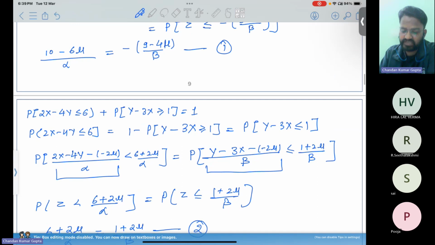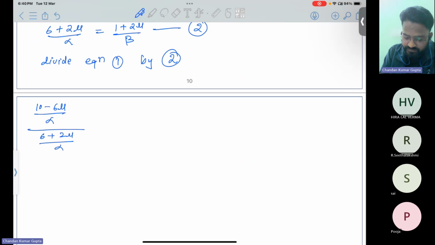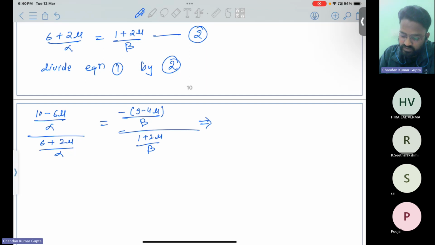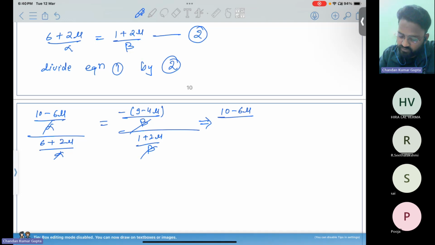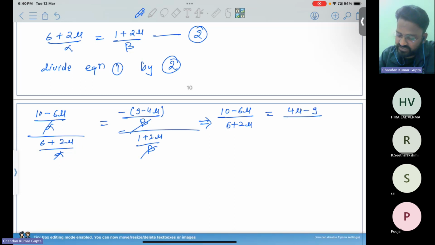The equation 1 is 10 minus 6 mu upon alpha, divided by 6 plus 2 mu upon alpha, which is equal to minus times of 9 minus 4 mu upon beta, divided by 1 plus 2 mu upon beta. Alpha cancels out, beta cancels out. So it comes out to be 10 minus 6 mu upon 6 plus 2 mu, which is equal to 4 mu minus 9. Just change the sign.